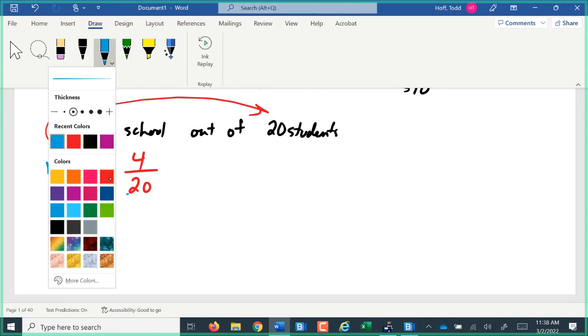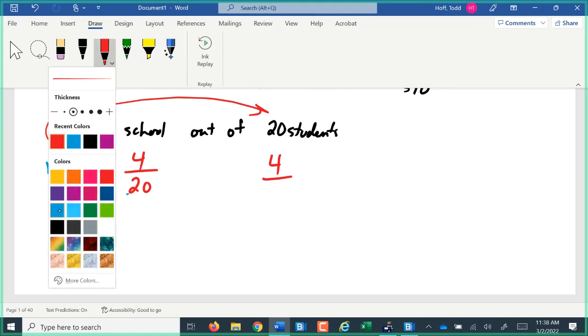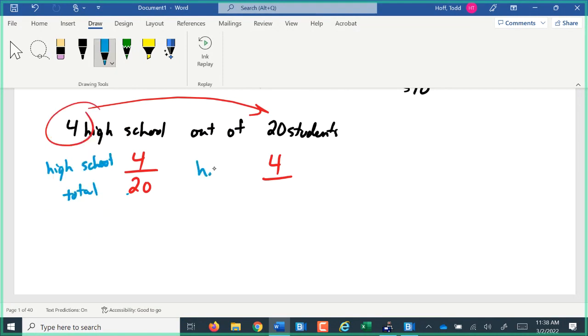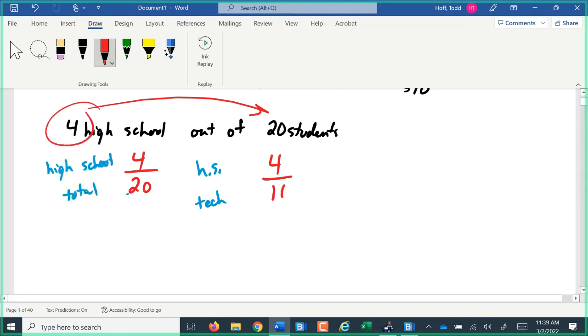But I could create other ratios out of that. If I wanted to compare the 4 high school students to my college or tech students, 4 are still my high school students. If it was a total of 20, 20 minus 4, the other 16 would be my tech students.